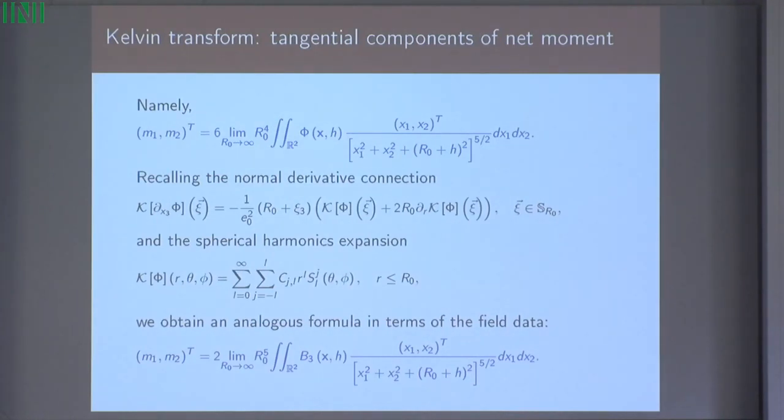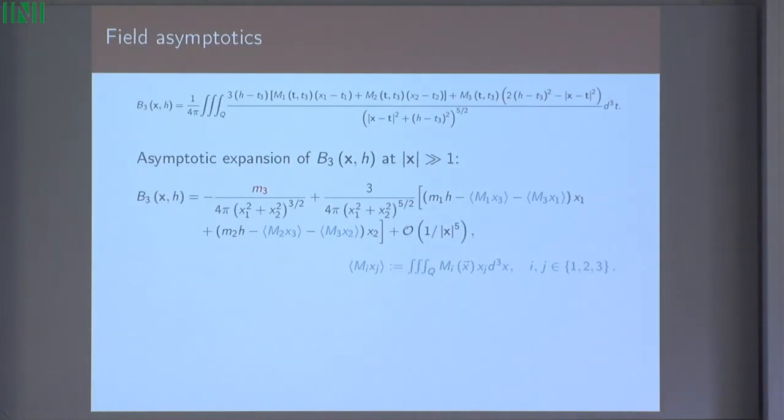The radial derivatives are very easy to compute because everything can be expanded into spherical harmonics. So eventually we end up with a formula like this for M1 and M2. So we know what we need to integrate and take the parameter R0 large.